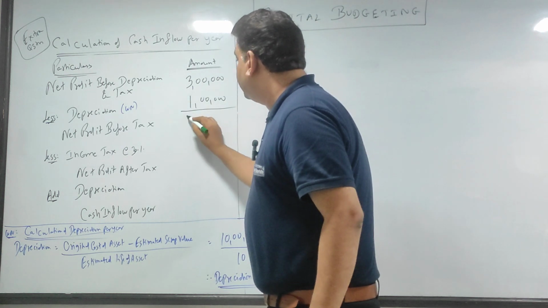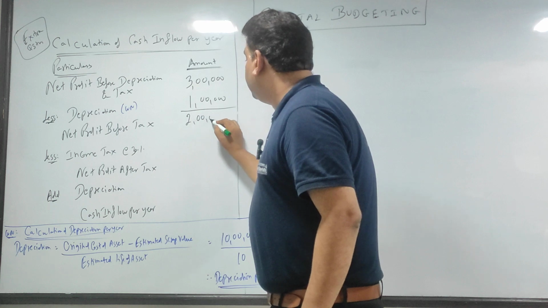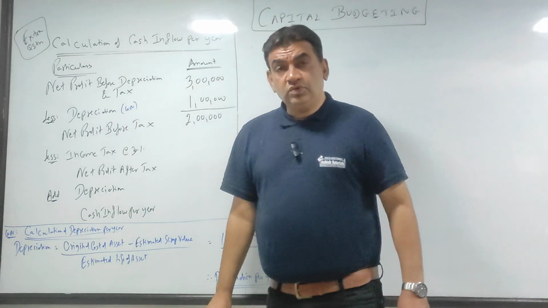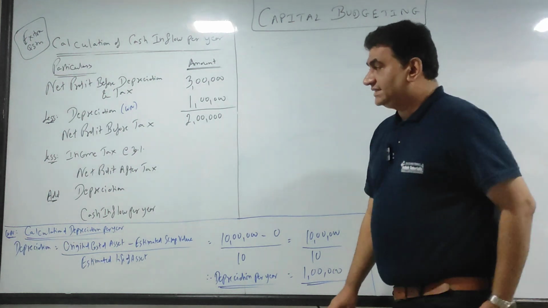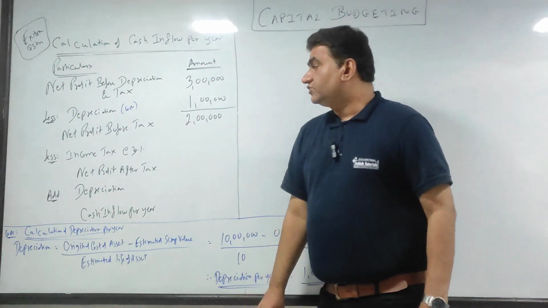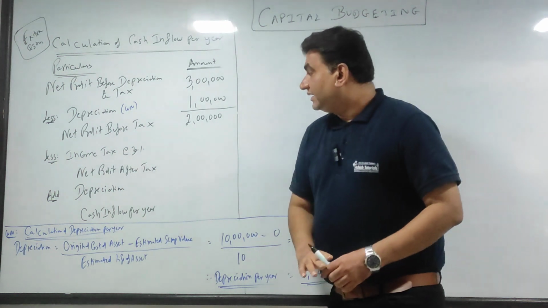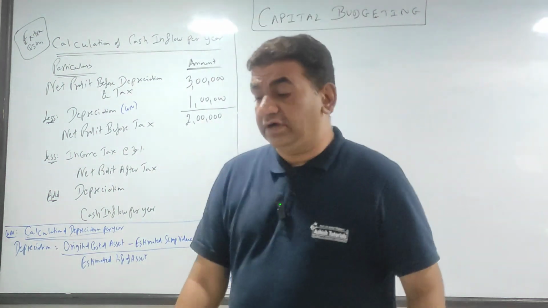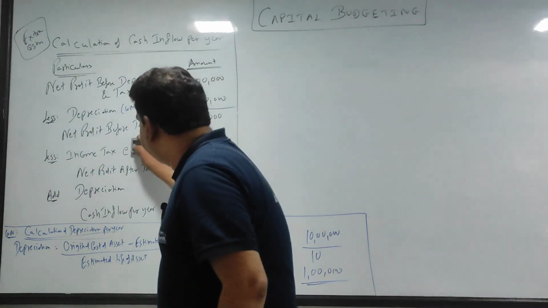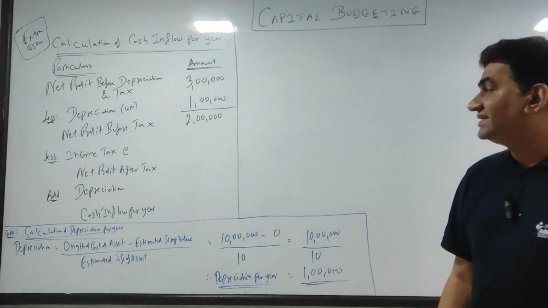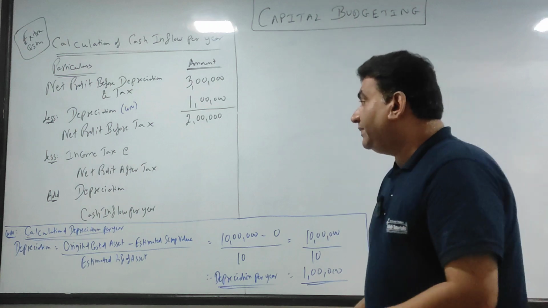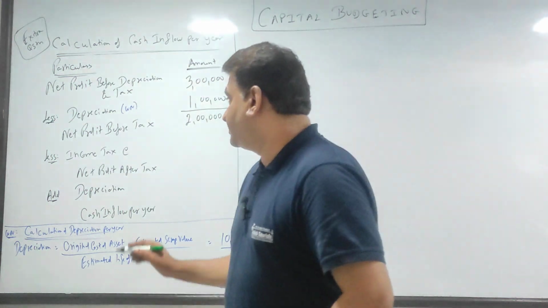So 3 lakh minus 1 lakh, 2 lakh is my net profit before tax. In the example, I had taken a hypothetical income tax rate of 35%. Here you are given 25%.